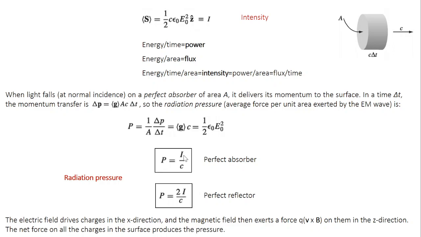If you look at the definition, you are dividing intensity by the speed of light, which is a very huge parameter, 3 times 10 to the power 8 meters per second. Consequently, the value of radiation pressure is very small. Even though radiation pressure exists, its magnitude is so small that we are not able to experience it. In our daily life, we experience much stronger forces like gravitational force, which completely mask the effect of a weak force like radiation pressure.